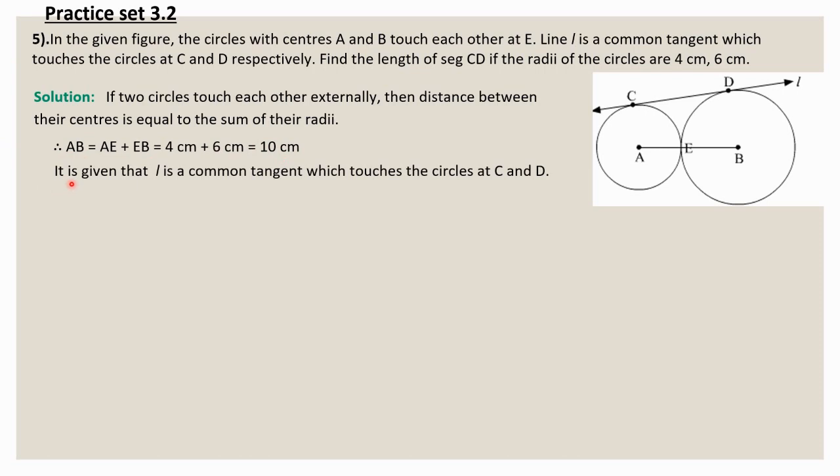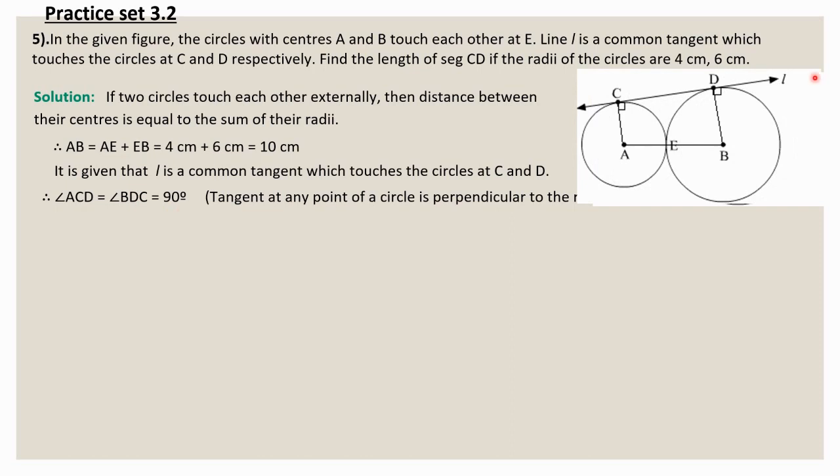Next, it is given that L is a common tangent which touches the circles at C and D. Therefore, angle ACD is equal to angle BDC, which is 90 degrees. If you look at the figure, AC is a radius of the circle with center A, line L is a tangent, and by the tangent theorem, we know that the tangent is perpendicular to the radius.